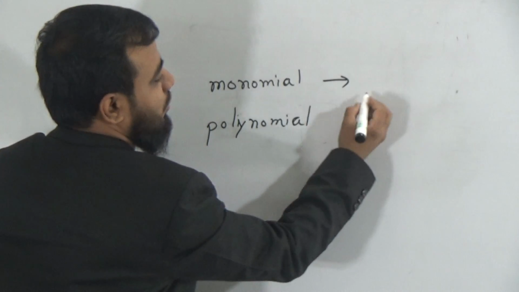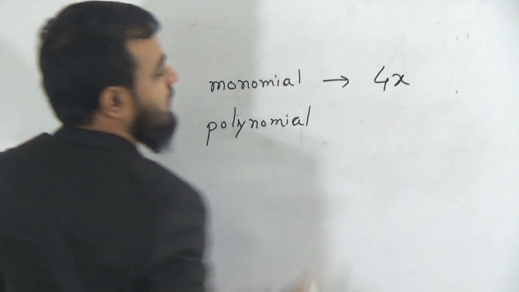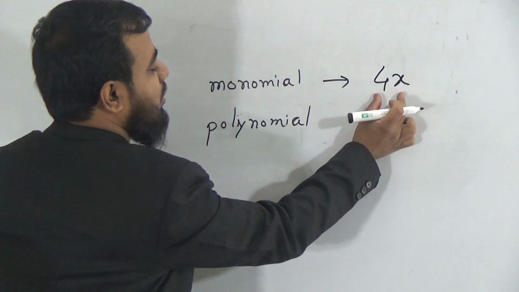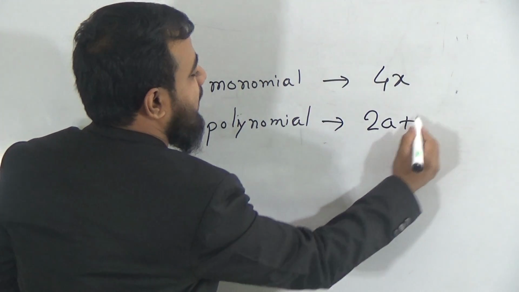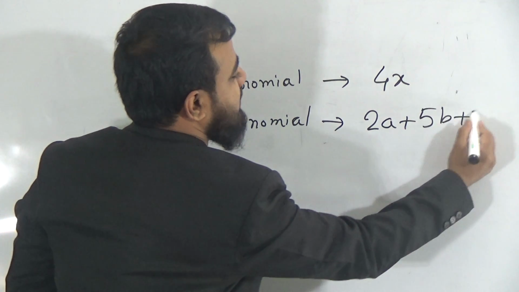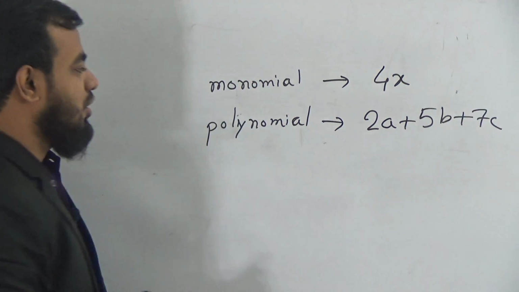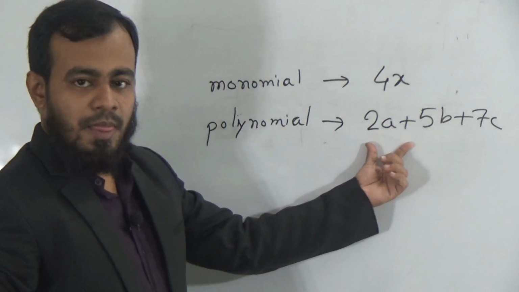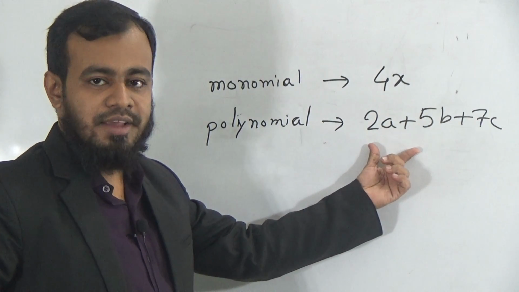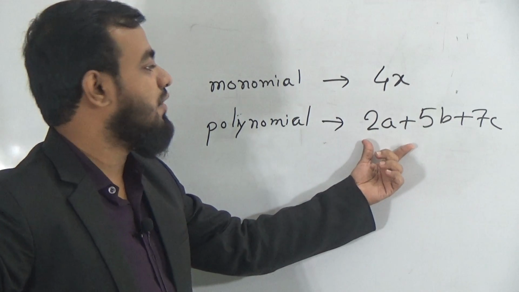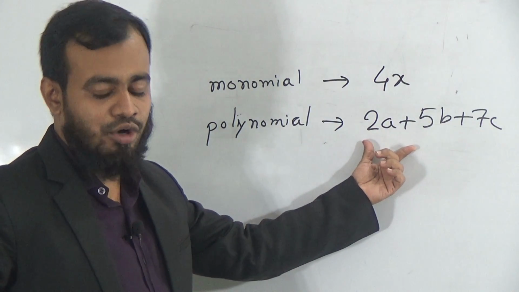That means, suppose 4x, this is a single term expression, this is called a monomial. And the polynomial, suppose 2a plus 5b plus 7c, it is called a polynomial. When in an expression more than one term arises, that expression is called a polynomial expression.